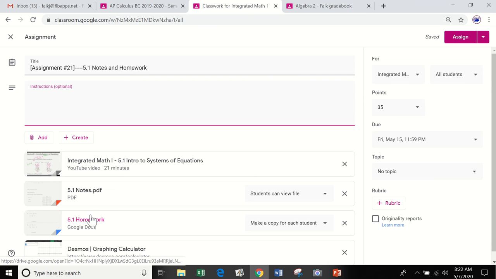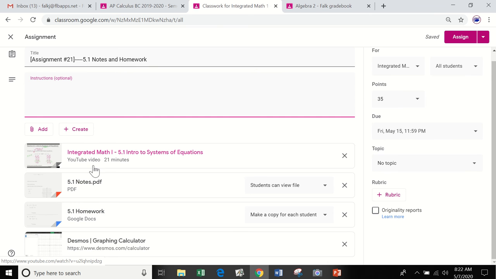The notes handout, well, there's going to be another file here. The video I'm making right now is going to be right here, right after this first video. And then what you see is the Google Doc. I don't think I'm going to provide a hard copy, like a PDF file of this, because I don't think you'll need it.